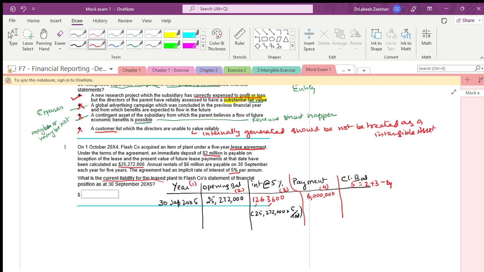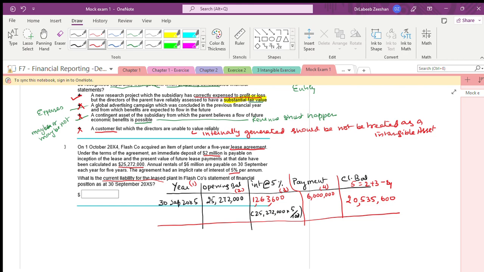It comes to 20,535,600. Fine. This is the current year.